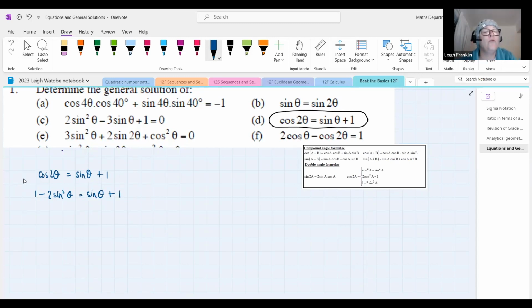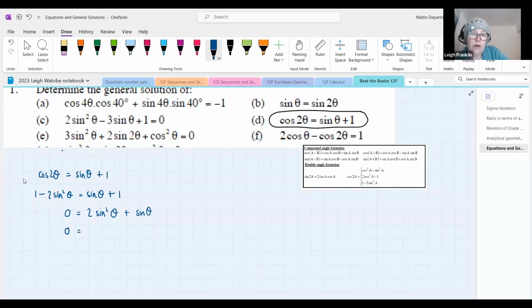And we're going to get it all into one side. So I'm going to take over my 2 sine squared theta plus my sine theta. And then here I would need to minus 1. So I would just end up with that. And now I've got to factorize.